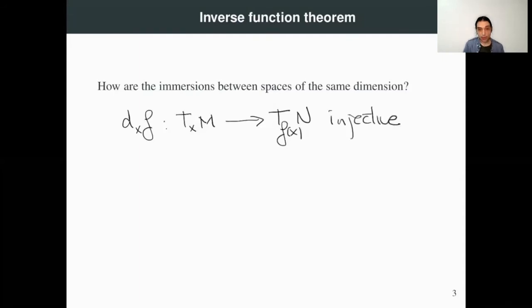But if M and N have the same dimension, then these two vector spaces also have the same dimension. And this linear map is injective if and only if it is an isomorphism, a linear isomorphism. So that's the situation we're going to be in.